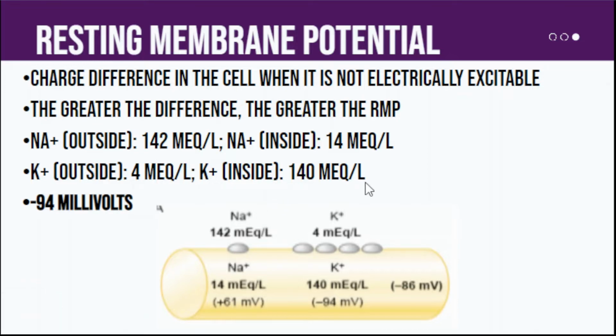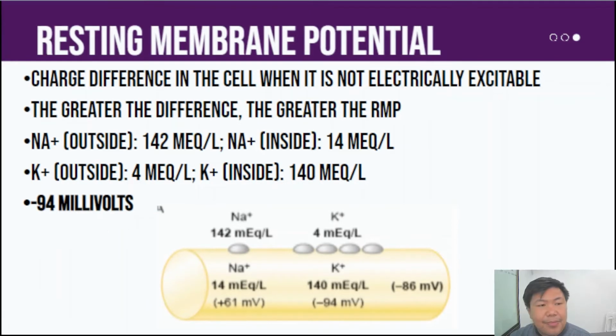But how come the net charge inside is negative? Again, because your sodium is more intensely positive compared to your potassium. That is why, given this amount of potassium and sodium inside and outside the cell, we create a resting membrane potential of negative 94 millivolts. Okay? Negative 94 millivolts is our RMP in a nerve that is not being stimulated. And what brought about this negative charge? The more intensely positive sodium ions outside.